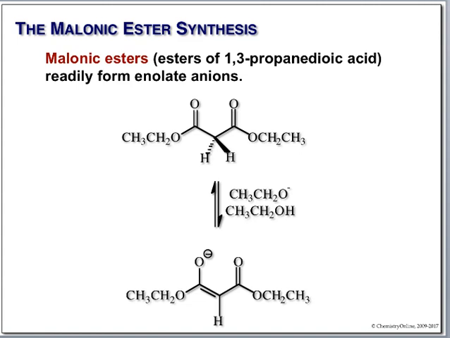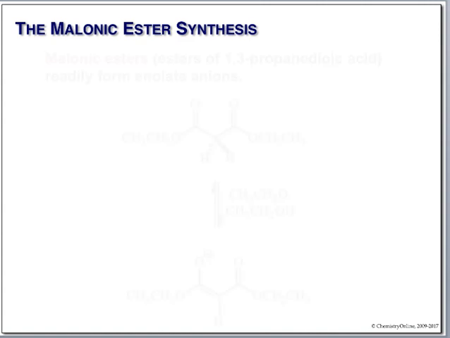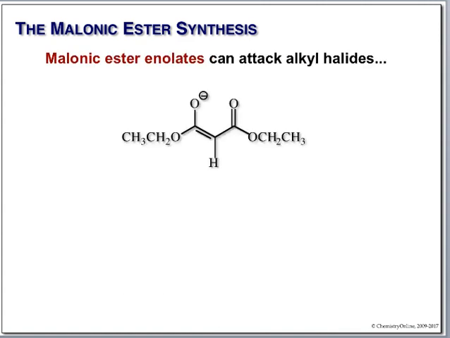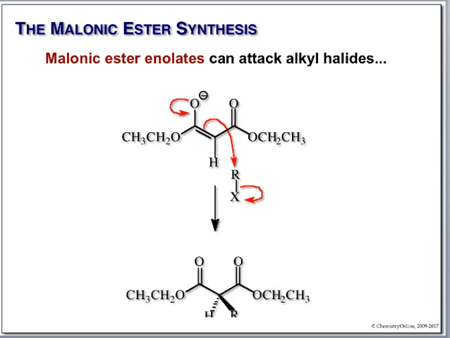Now, what in the world are we going to do with this enolate anion? Well, we know we can do all sorts of stuff, right? You can use it as a nucleophile towards anything. How about if we did this with an alkyl halide? What if I took RX, took the enolate anion, attacked it?